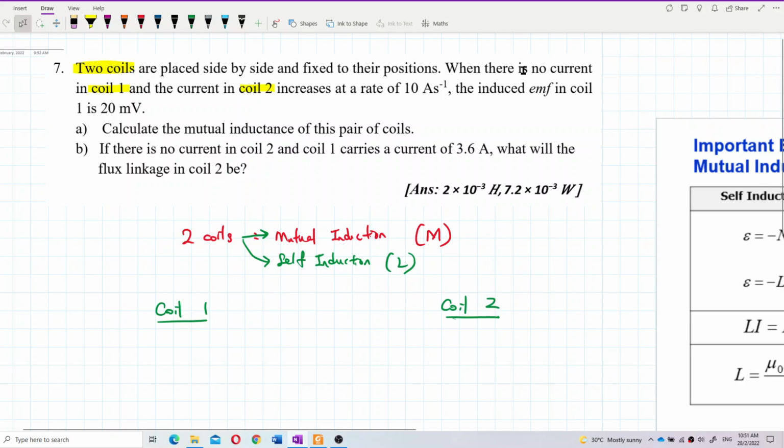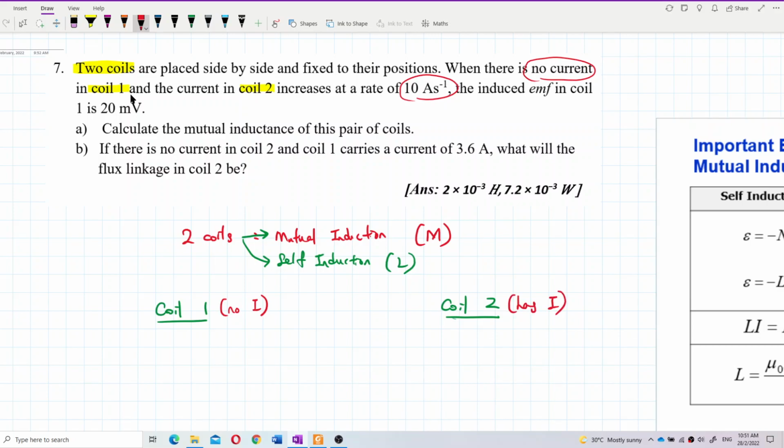He said no current in coil 1, but there is current in coil 2. This is important. Coil 1 has no current, but coil 2 has current.